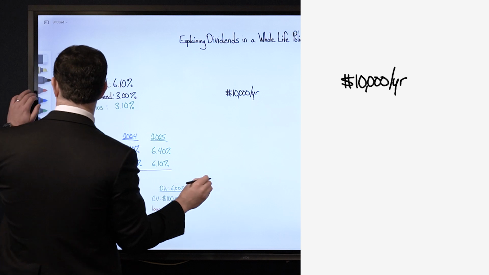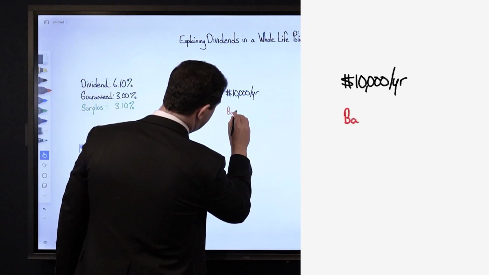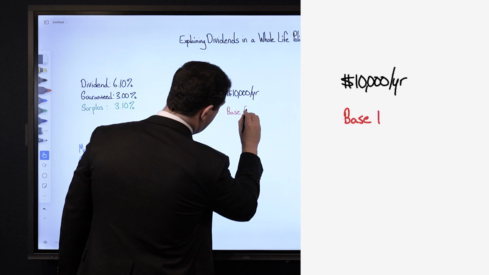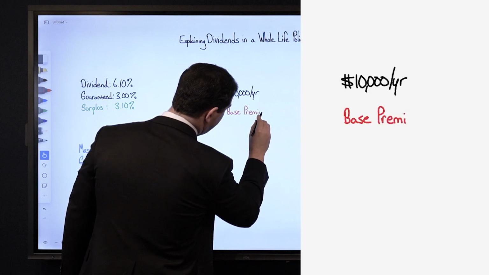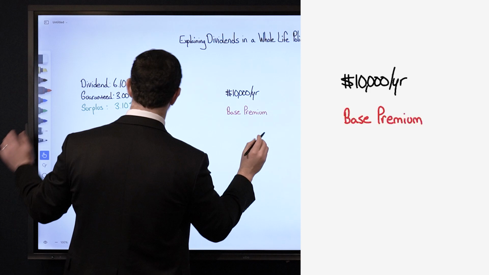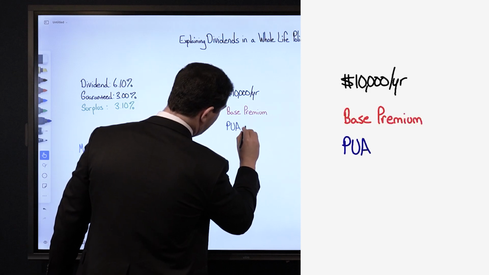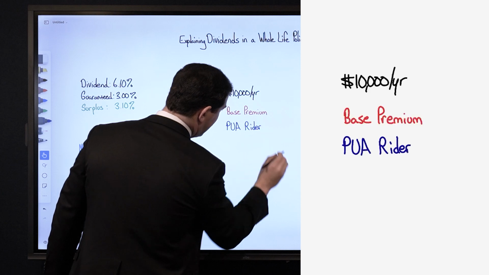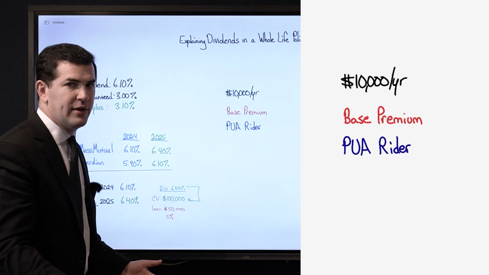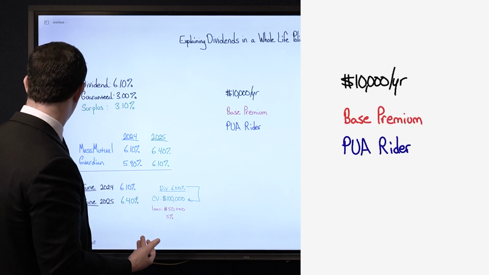Of that $10,000, you, the policyholder, can actually decide where that money goes. It can go toward what is called the base premium or toward what is called your PUA rider. PUA stands for paid up additions rider. I like to call this a cash dump-in. And I like to refer to the base premium as the initial insurance expense.